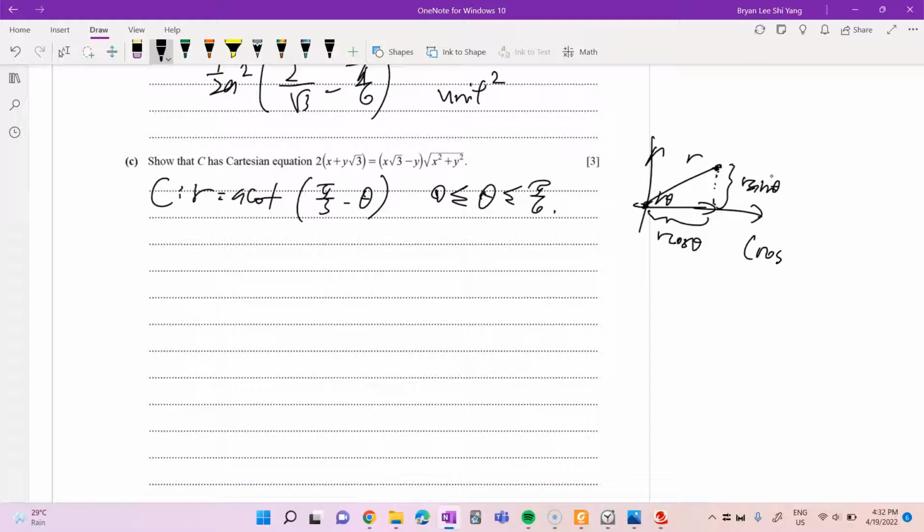Now, show that C has Cartesian equation, blah blah blah.